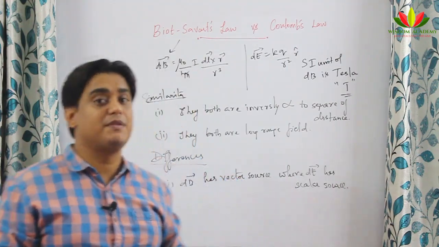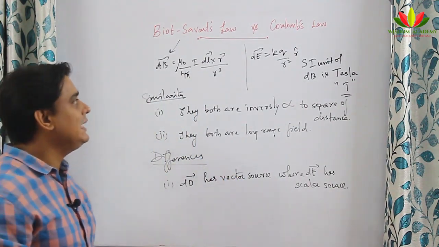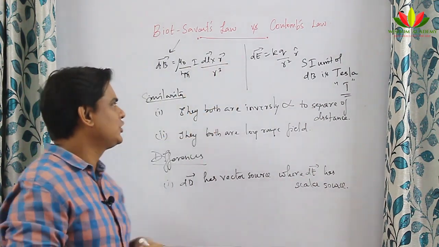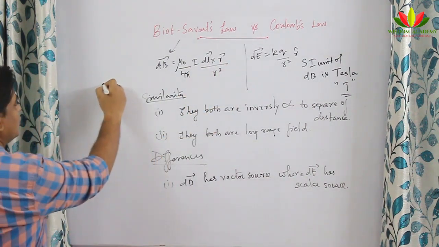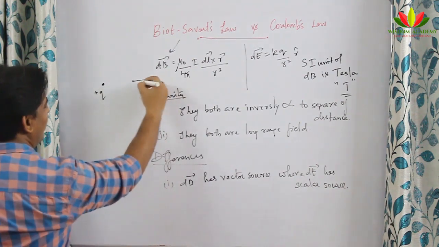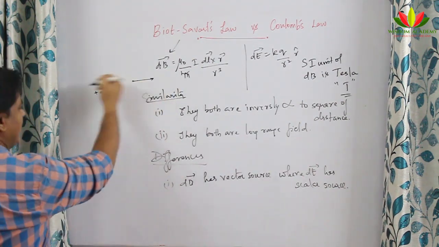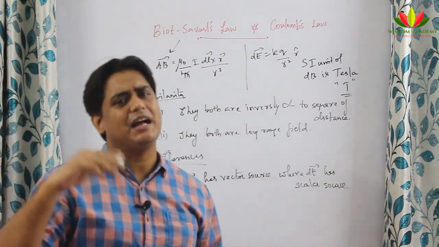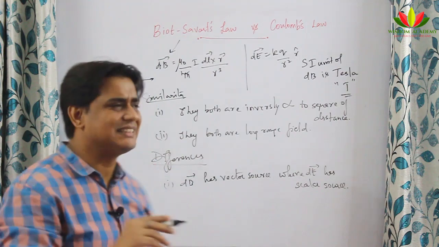Another point of difference between them would be their directions. You know well about the direction of electric field. Suppose there is a charge plus q here, and you want to find the electric field here, it will be directed away in this way. If it is a negative charge, it will be directed towards the charge. So it will be directed either away from or towards the charge, but in the same plane.